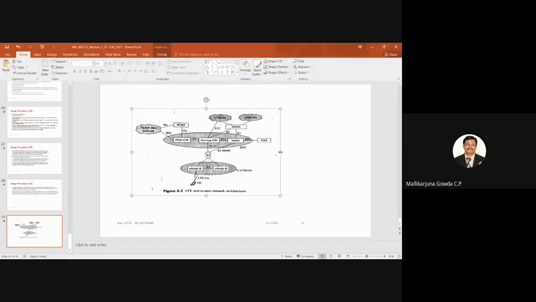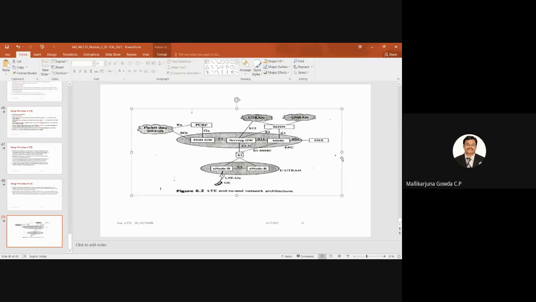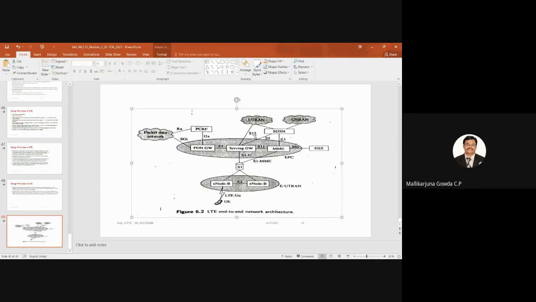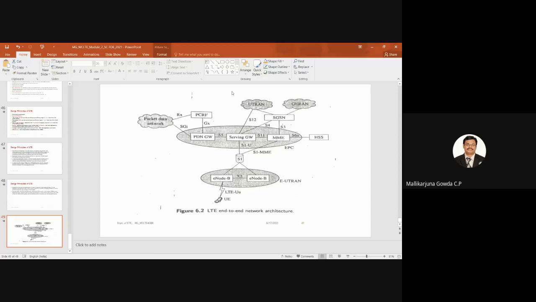I think many have not read the architecture, from what I observed from your answers. That is what I'm worried about. People should read the basic things properly. Very few students, one or two only, have attempted this network architecture. I think people have not given time to read and understand this architecture.